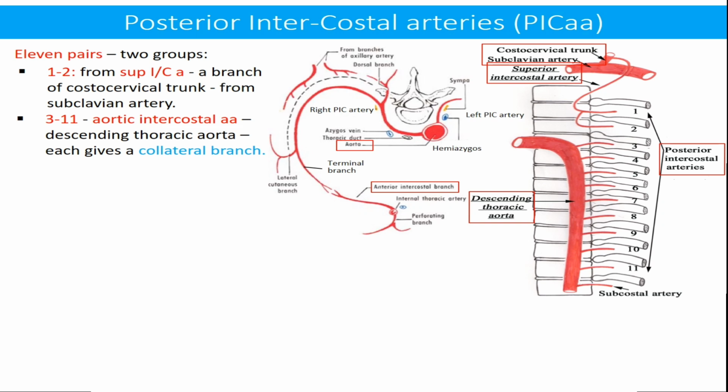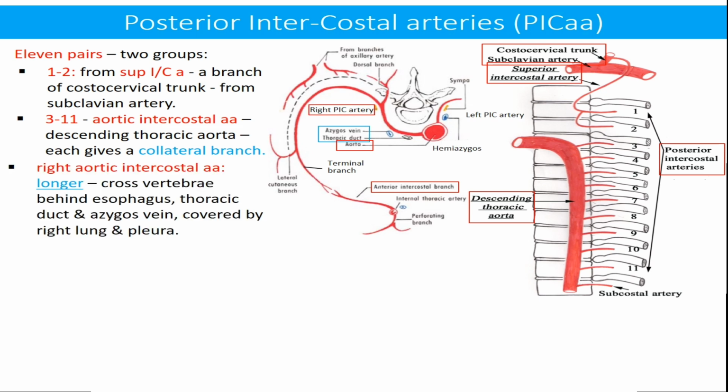Third to 11th posterior intercostal arteries are named as aortic intercostal arteries as they originate from the descending thoracic aorta. Each of the 11 pairs gives a collateral branch which travels along the upper border of the lower rib.